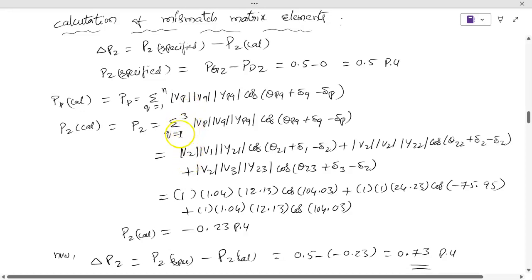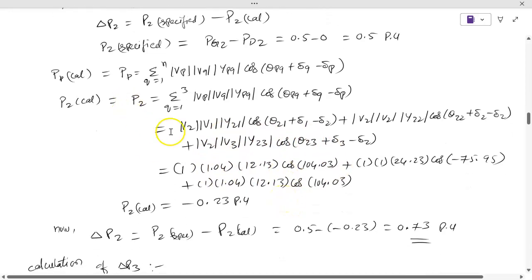After substituting the P value as 2 and the Q values 1, 2, 3, we substitute Q equal to 1 in this term, Q equal to 2 in this term, Q equal to 3 in this term. In all the terms our P value is 2 only, because we are calculating the value for the second bus. After substituting all the values, V2 we know is the flat voltage profile 1, V1 is 1.04, the Y bus matrix values we know, and delta 1 minus delta 2, delta 2 is 0, and theta values for the off-diagonal elements we know.